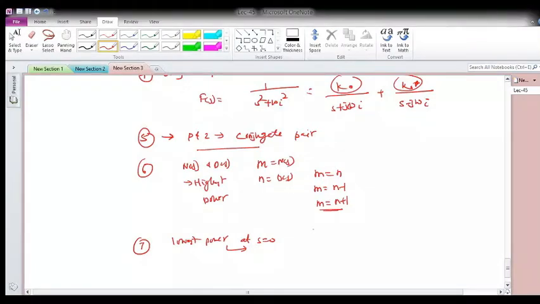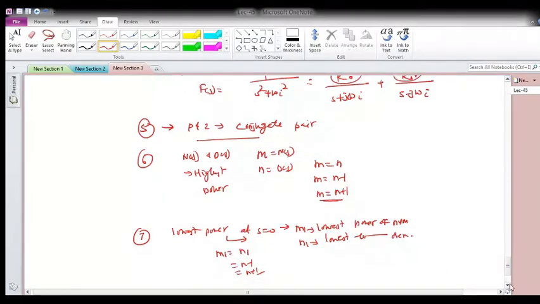For example, say the lowest power of the numerator is m1 and the lowest power of the denominator is n1. So again m1 should be equal to n1, n1 minus 1 or n1 plus 1, at most differing by 1.